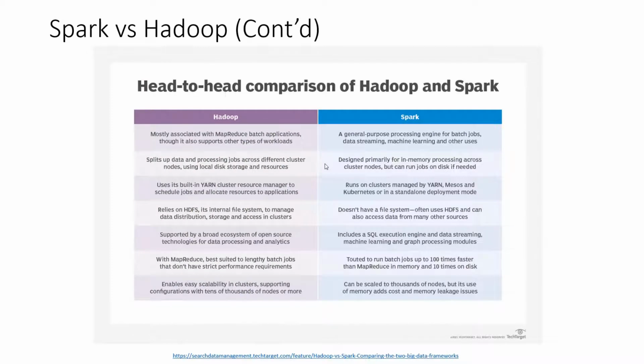In addition to in-memory data processing, Spark also has a unified stack for batch, streaming, and machine learning. Also, Spark supports different types of cluster managers and different file systems to keep the data. One possible problem with Spark is that it needs a lot of memory. So if you want to speed up your computation, you need to provide a lot of memory, and if there's not enough memory, you will get issues like out of memory.